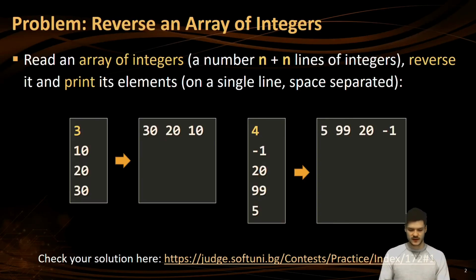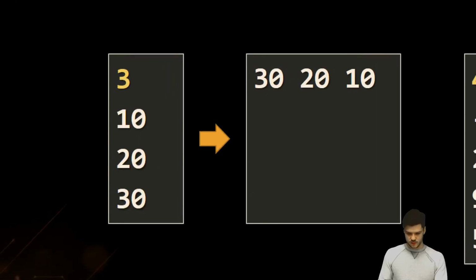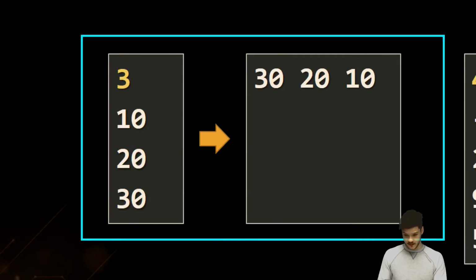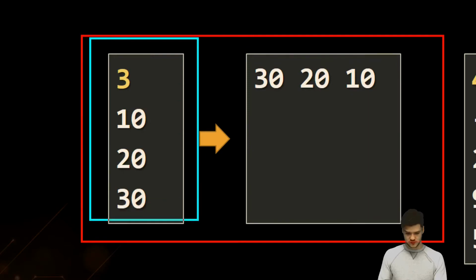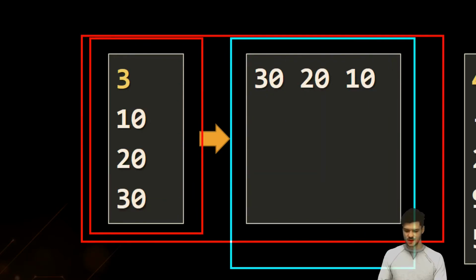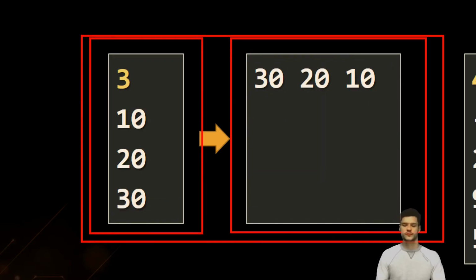So let's see the first problem. The first problem is to reverse an array of integers. As you can see here, we have the input on the console line and the output we should get from the program.